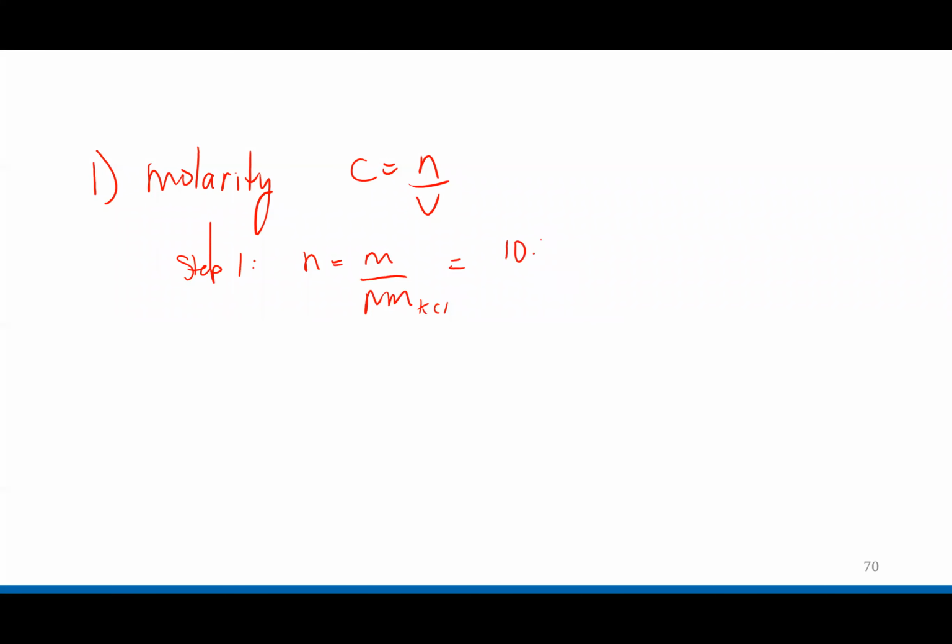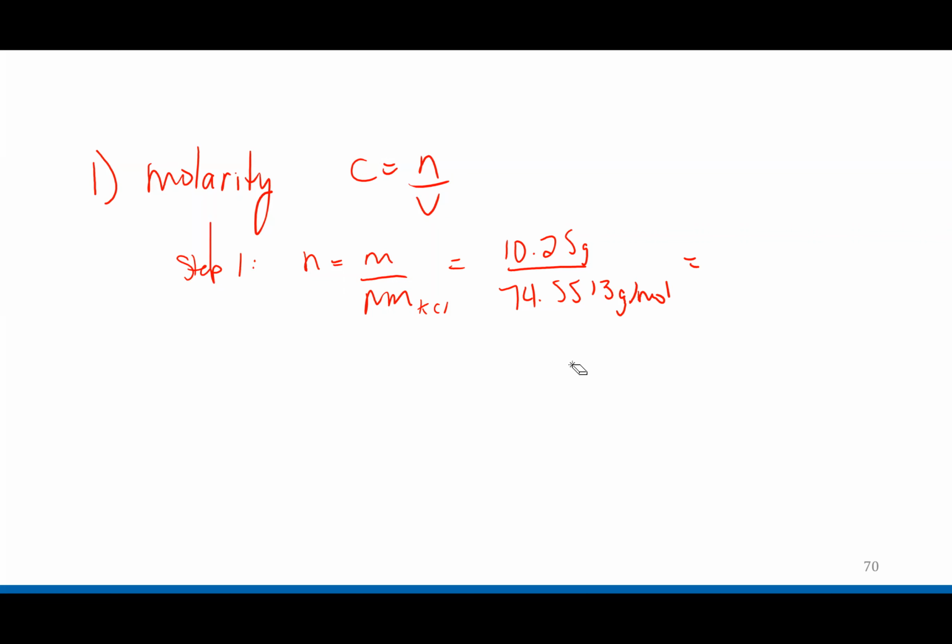So I have 10.25 grams over the molar mass, and I've already calculated the molar mass, which is 74.5513 grams per mole. Remember where this number comes from? The molar mass is the mass of the compound. Basically, I add together potassium and chlorine from the periodic table.